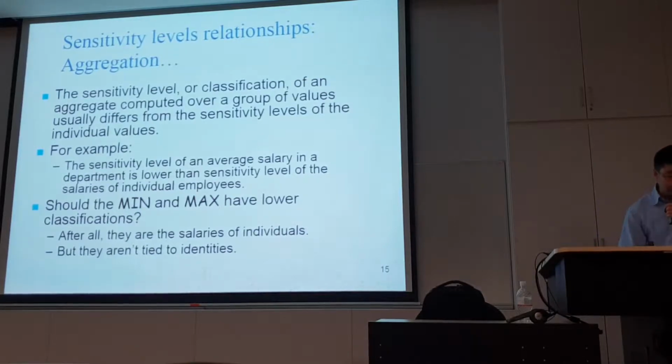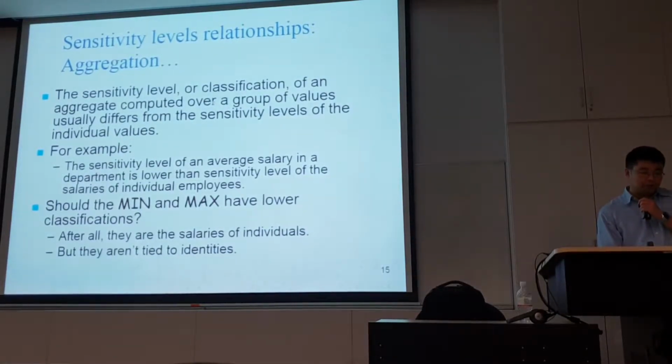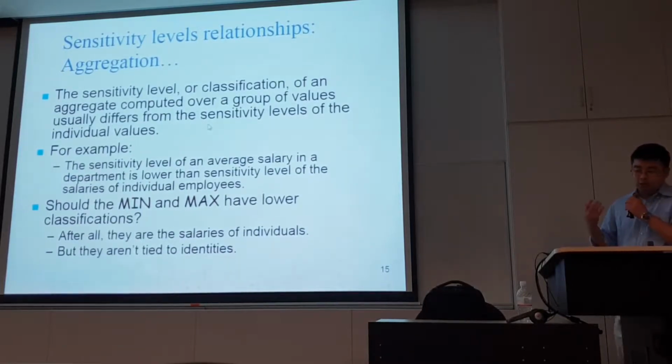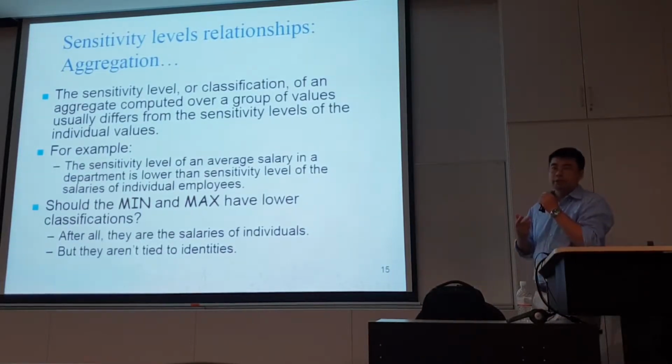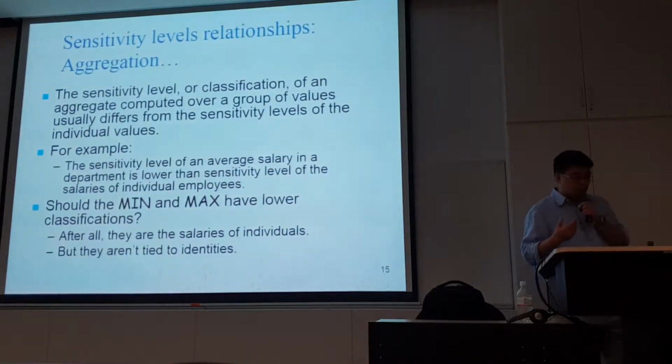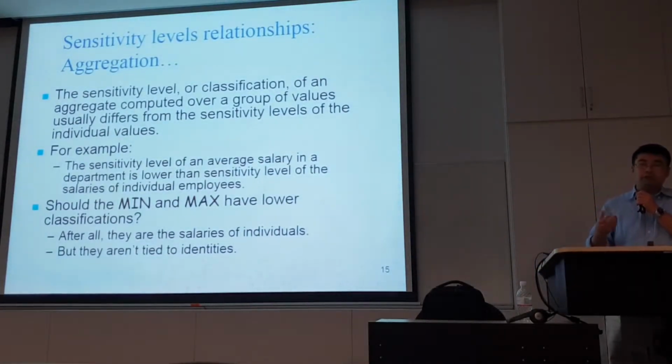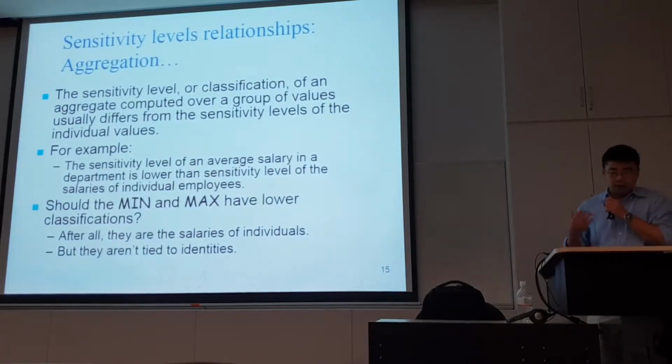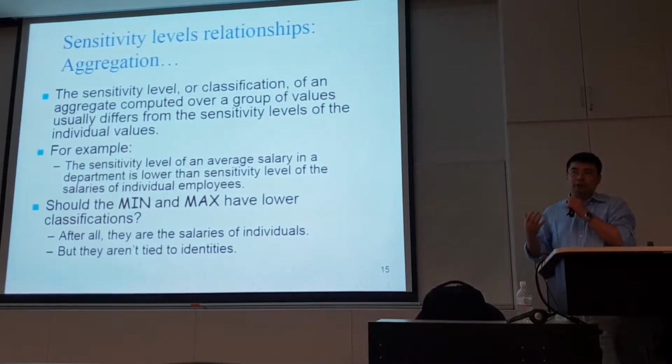Right, as I said, the sensitivity level or classification, using some terms we used before, can be different. Depending on which aggregate function you use, min and max are usually more sensitive than average and sum. It also depends on the returned query set.